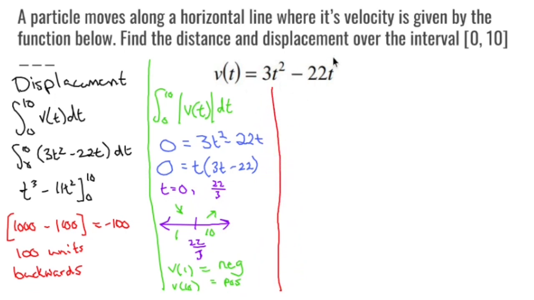So in my negative section, I'm going to set up an integral from 0 to 22 over 3 of negative v(t). By throwing a negative in front of this formula, I'm going to get a negative distance, but by negating a negative, it becomes positive.